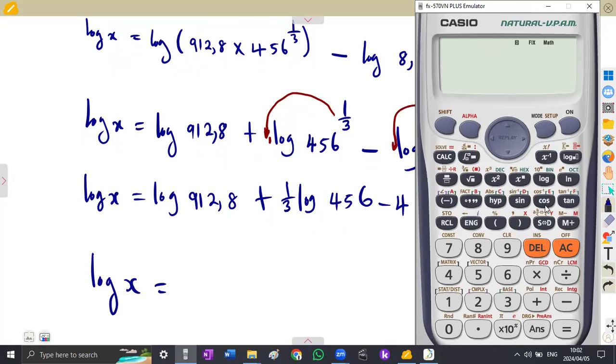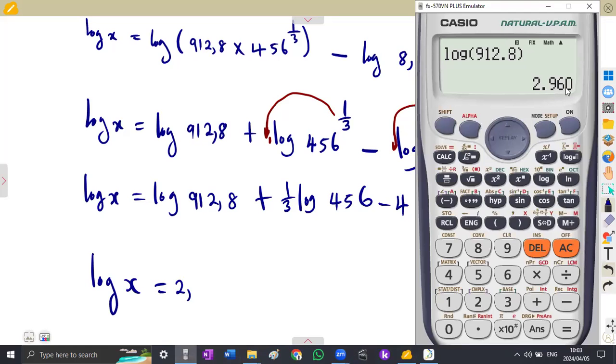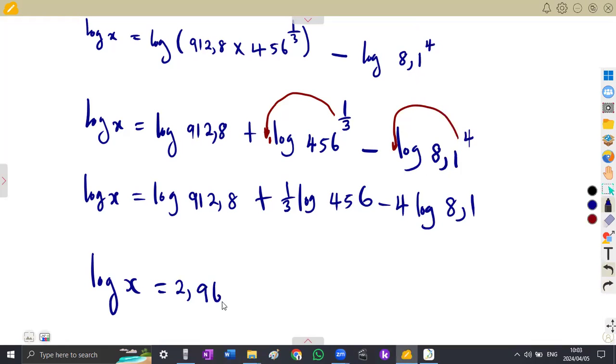So let's start with the log. That's the logarithm of 912.8, close this bracket. That's 2.960. So this is 2.96.